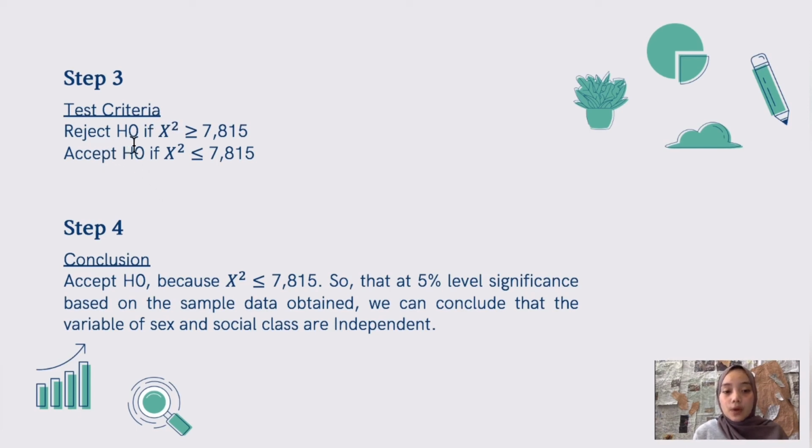For the next step, the test criteria: reject H0 if chi-square is greater than or equal to 7.815, and accept H0 if chi-square is less than 7.815. The next step is the conclusion.